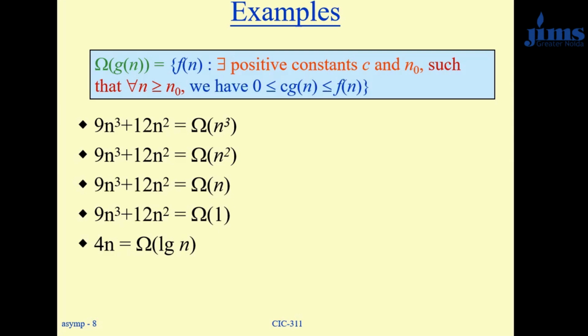Although it is not required that it should be satisfied for all values of c, for all values of c this function c·log n will always end up smaller than 4n. If we take a large value of c, in the beginning it may be large, but after a particular value of n naught, the value of c times log n will end up smaller than 4n. So since log n is acting as the lower bound of 4n, what is the asymptotic notation between the same? 4n equals omega of log n.